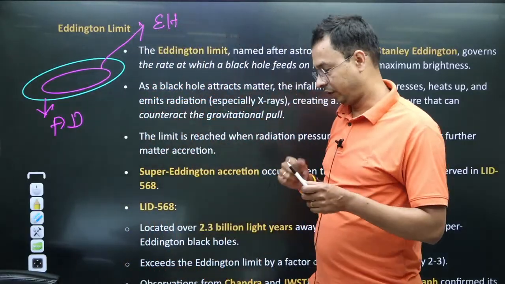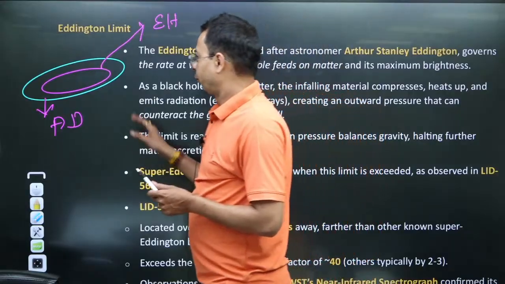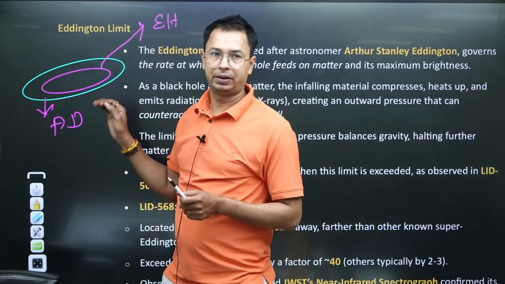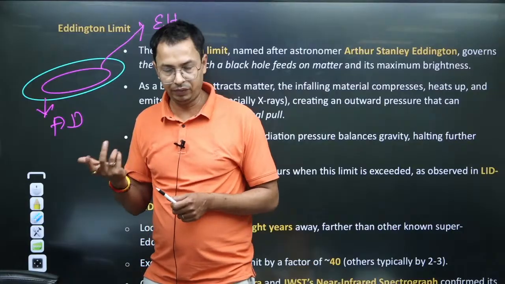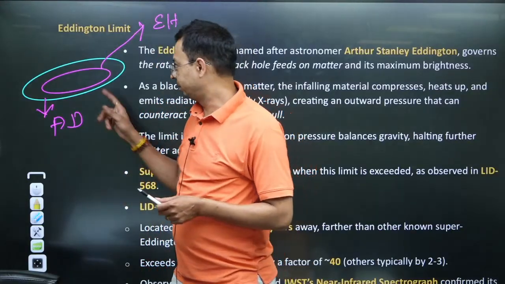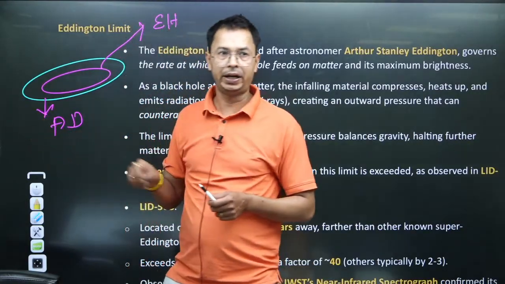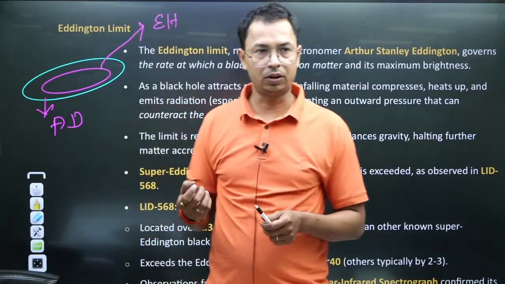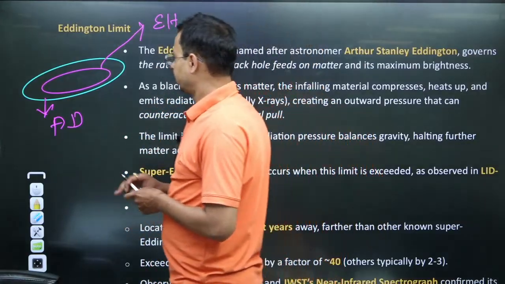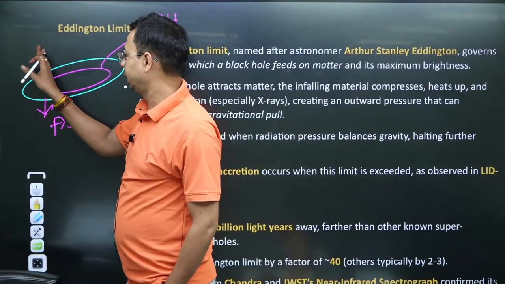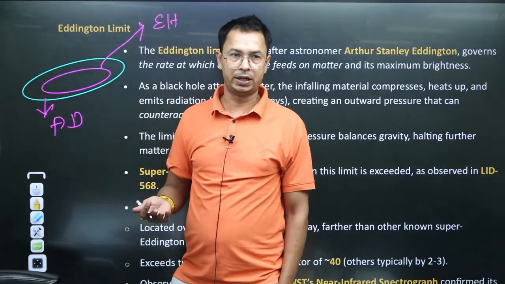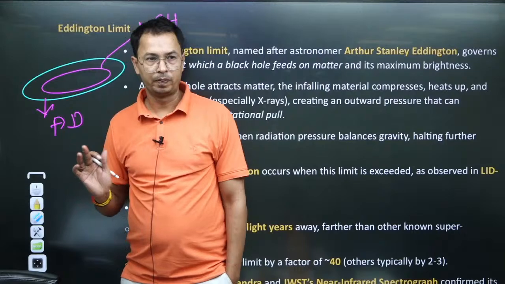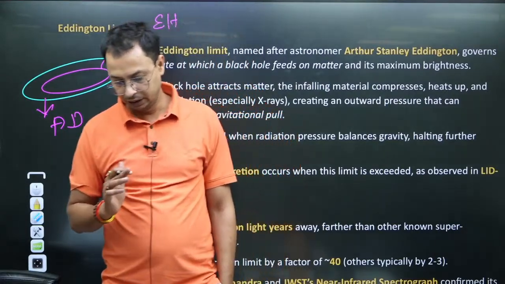Now we have discovered some black holes which are eating more mass than this allowed limit, and we don't know why, and they are called super Eddington black holes. Some black holes are eating even 50 times more mass than they are supposed to eat. This is called the Eddington limit.